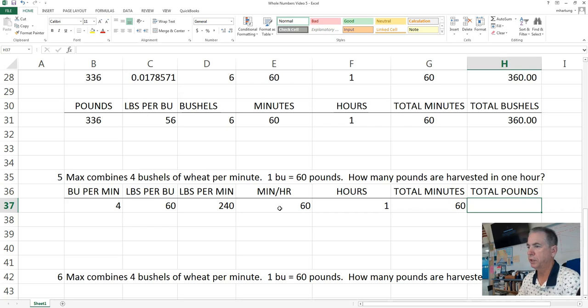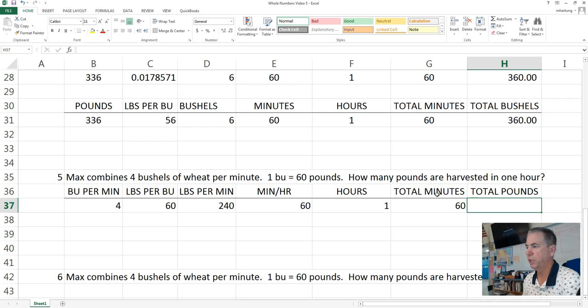So now, can we do our total pounds harvested in 1 hour? What do you think?